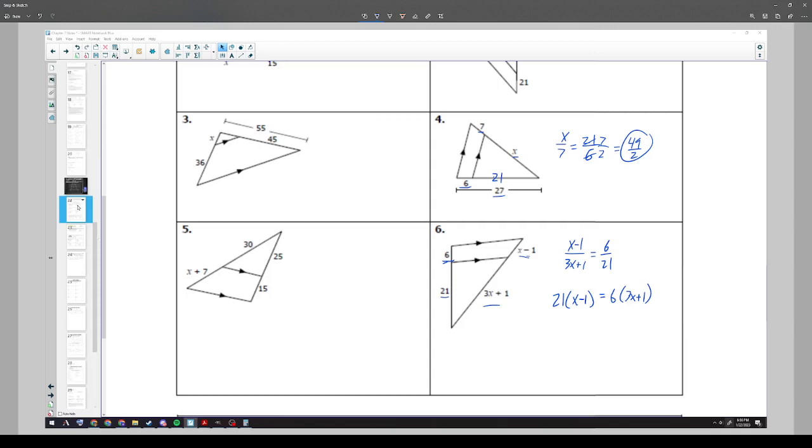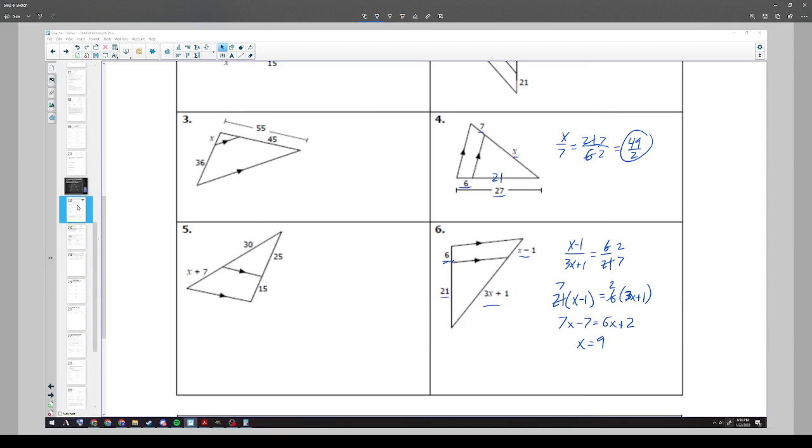It's still not too late. Let's do that. Those are divisible by 3. So we could make this 2 over 7, which makes these numbers a little bit smaller, and smaller is always easier to deal with. This was a 3, right? Okay, so if we distribute, we get 7x minus 7 equals 6x plus 2, so x should be 9.